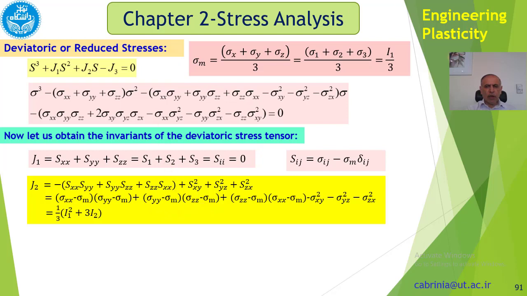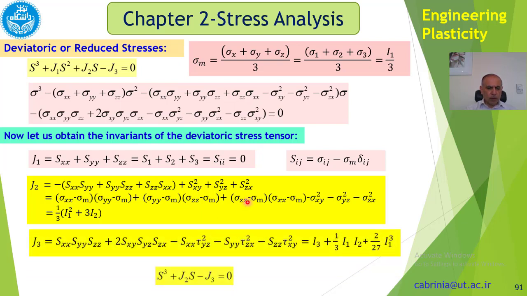But we have 3 of these, so we get I1 squared over 3. The other terms also give I1 squared, and subtracting from each other, we get a third of I1 squared plus 3 I2. You can write this yourself in longhand and see if you get that. Okay? So also, J3 is equal to that.